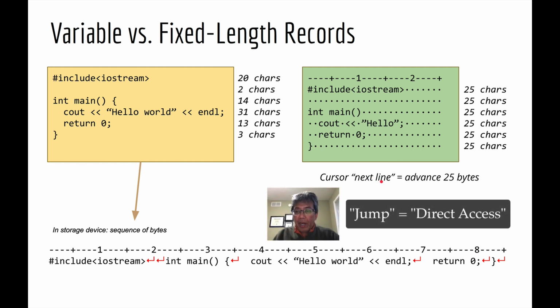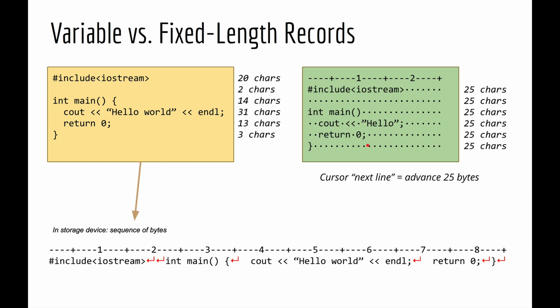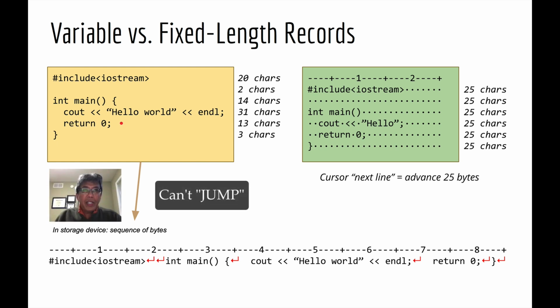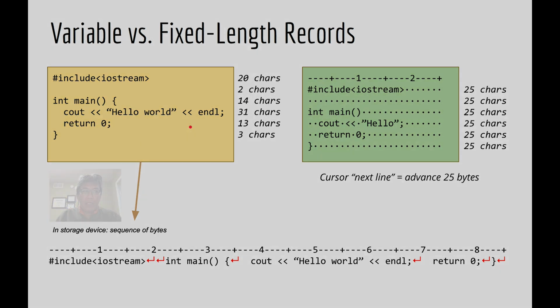By adding 25 or a multiple of 25, we can just update the current cursor position to any line in our record. But for the file on the left, it is not easy to jump to any line. For instance, to jump 3 lines below the cursor, we do need to know the total length of the next 3 lines, and then we can add those numbers to the cursor position.